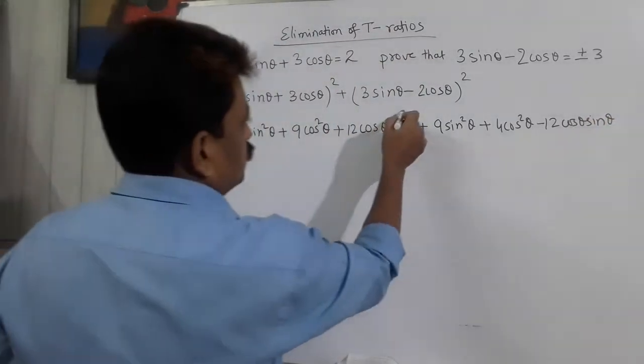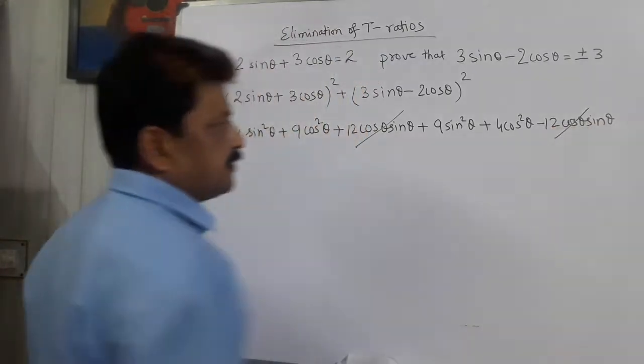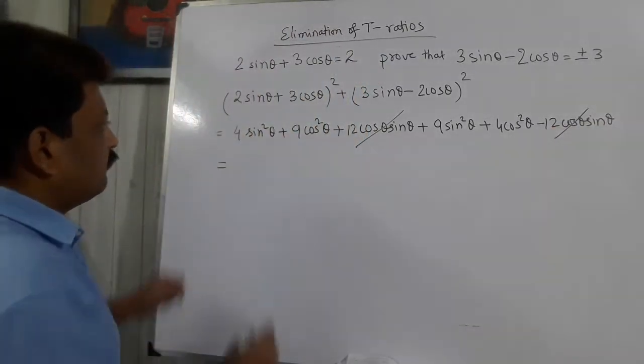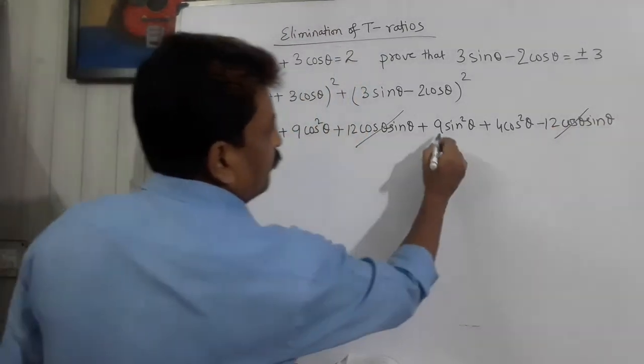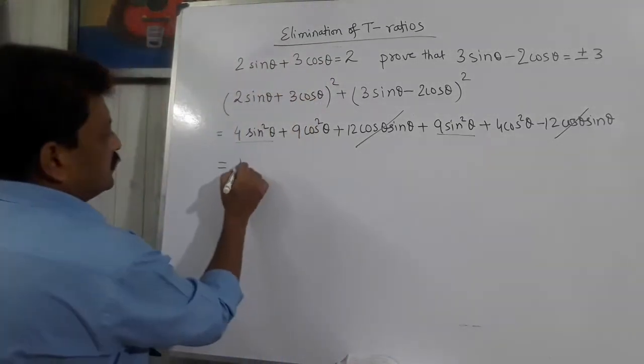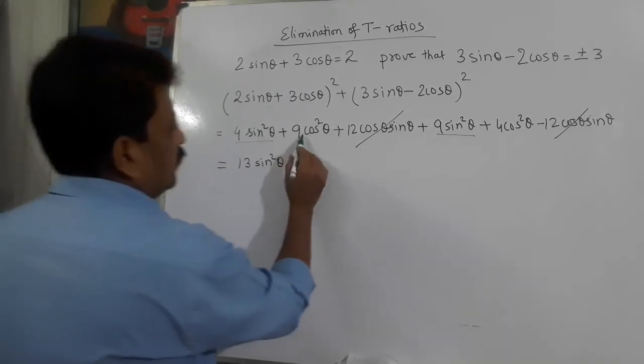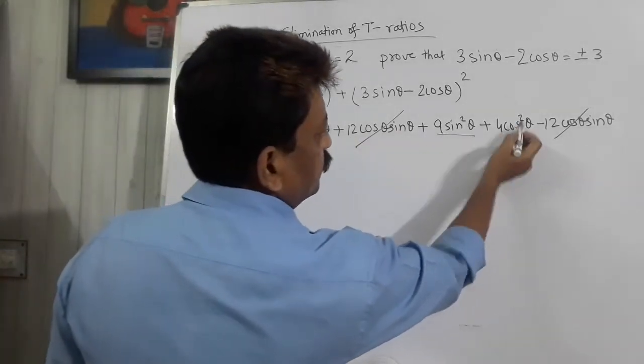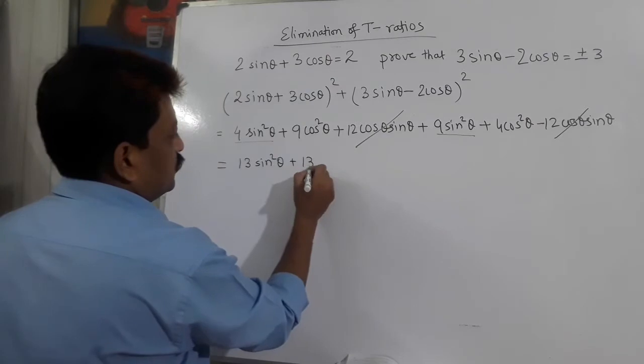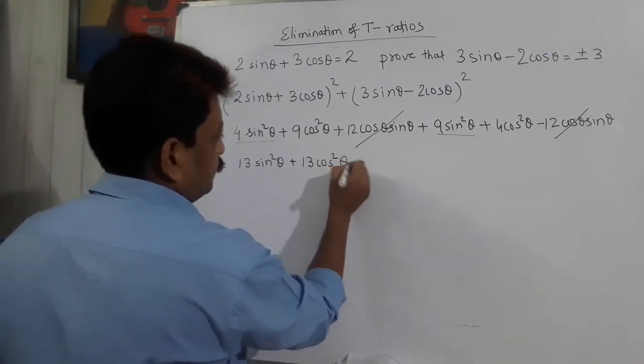Now plus 12 cos theta sin theta and minus 12 cos theta sin theta cancel. So 4 sin square theta plus 9 sin square theta makes 13 sin square theta. Similarly, 9 cos square theta plus 4 cos square theta makes 13 cos square theta.